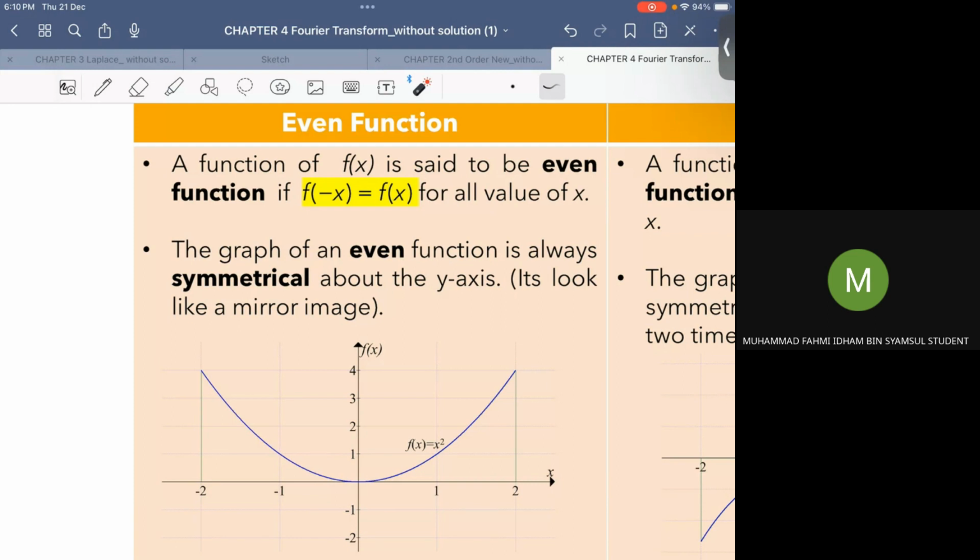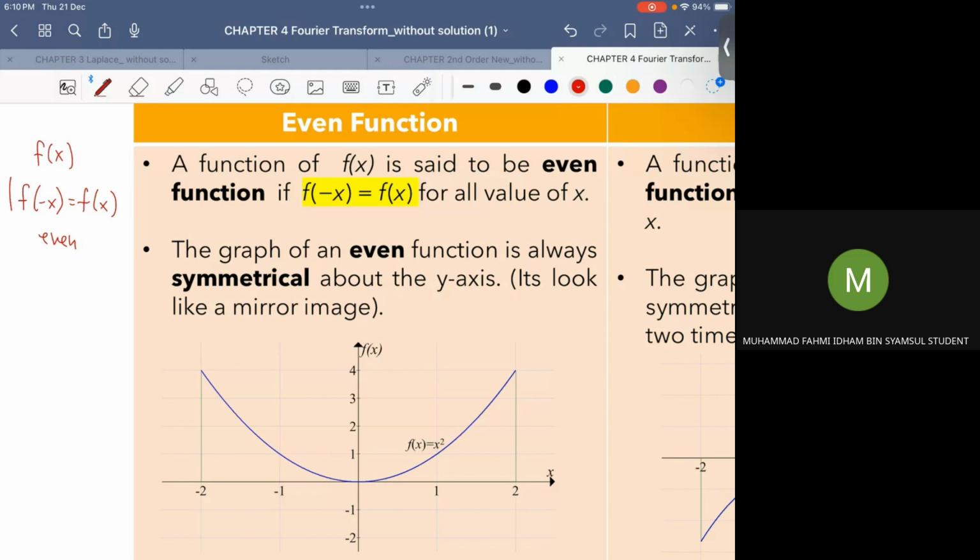So you have a function f(x). Now, when you try to substitute x with negative x, so for all x, you put negative x. And then you observe whenever you put negative x, the function gives you just the same value as with positive values. So you put negative x, you get the same as f(x). So this one we call the even function.